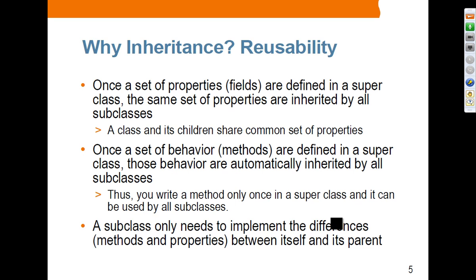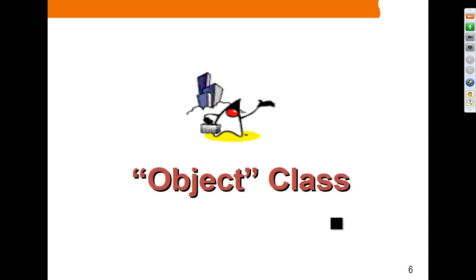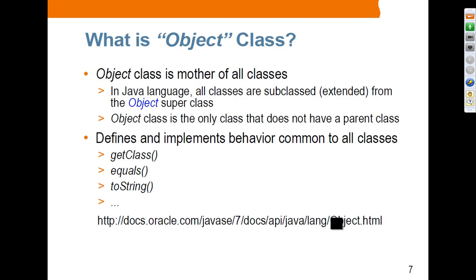Before we move on to examples, let's talk about the object class. The object class is the mother of all classes in Java. All classes are in fact subclassed or extended from the object superclass.